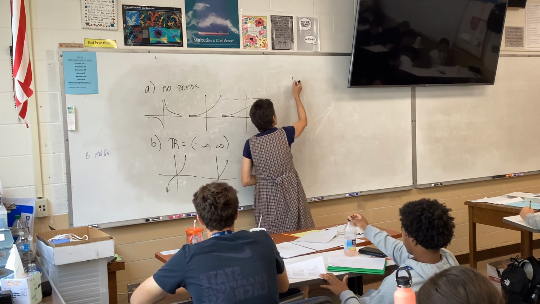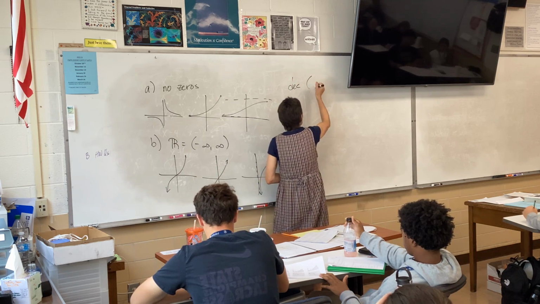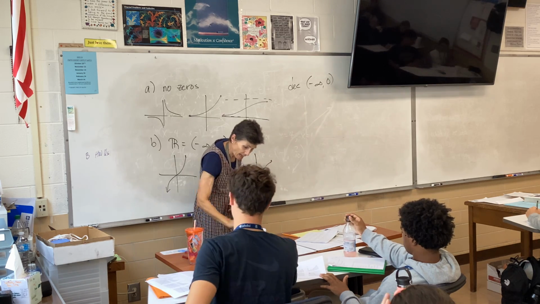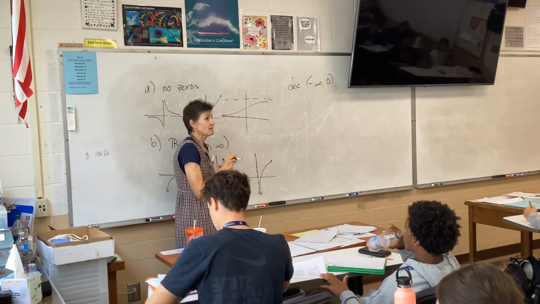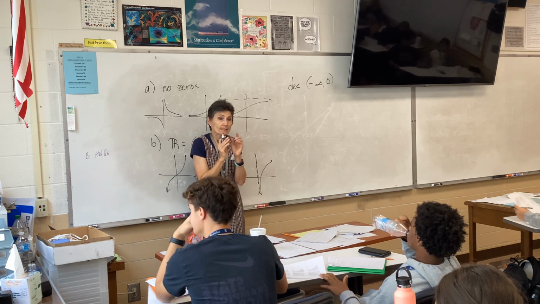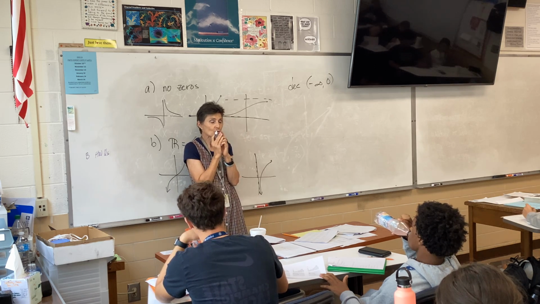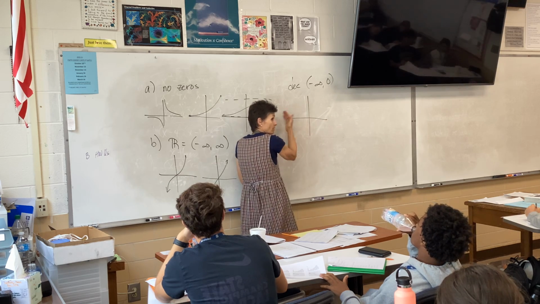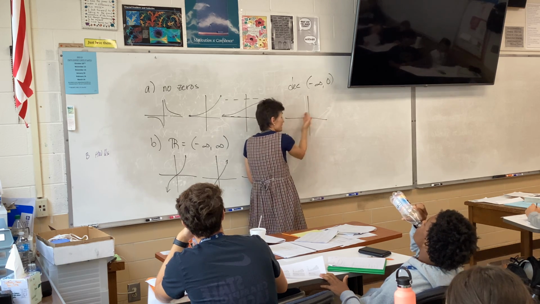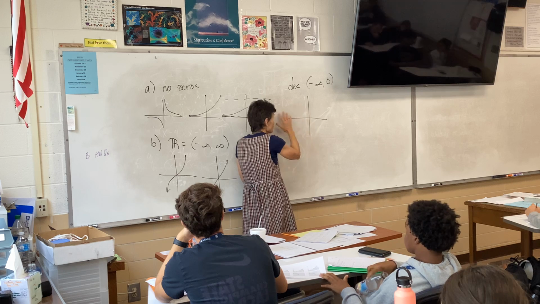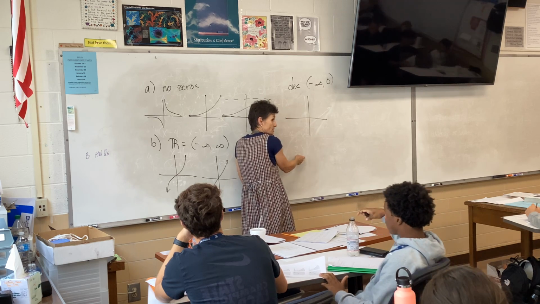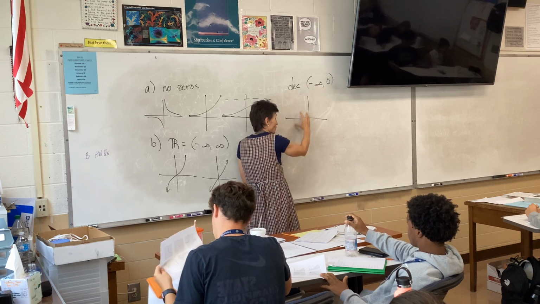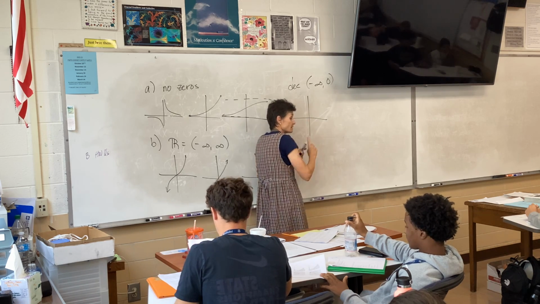Decreasing on the interval from negative infinity to zero, is that right? Yeah. Now, remember, decreasing means as you draw it from left to right, and we're talking about this part of the graph, negative infinity to zero. So as I draw it over here, my pencil is going down.